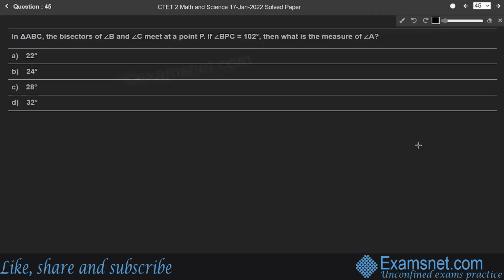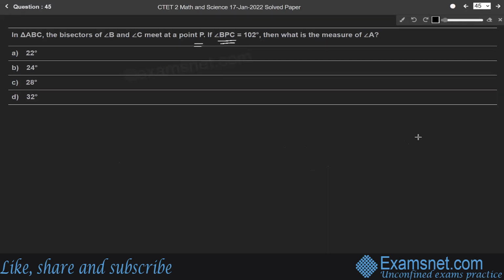Question 45. In triangle ABC, the bisectors of angle B and C meet at a point P. If angle BPC is equal to 102 degrees, then what is the measure of angle A?